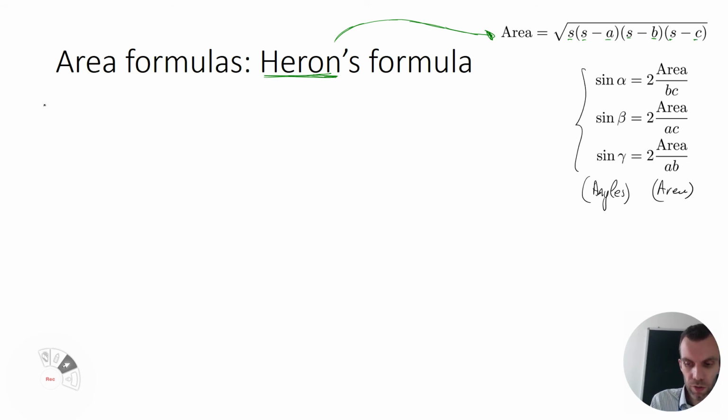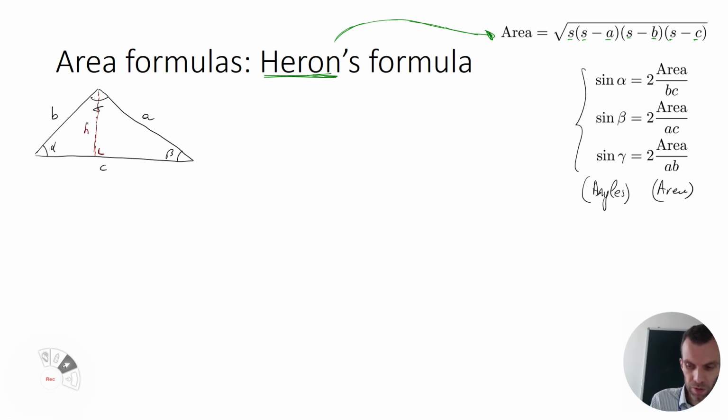So let's have a quick look at the proof of Heron's formula. And for that, I'm going to draw a triangle like we're used to by now, alpha, beta, and gamma, A, B, C. And what we're going to do is, we've done this a couple of times, we like right triangles, so we'll make this into a right triangle by having a perpendicular here.